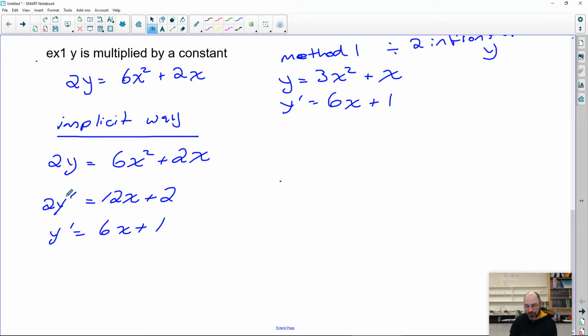Okay, let's do one that is a little more complex with squares in it. So you have to do a little more complex of a derivative. In example 2, we're going to be doing powers of y now.